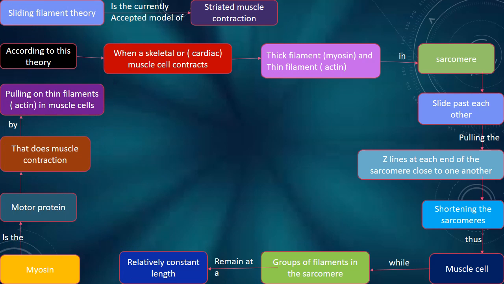Sliding filament theory is the currently accepted model of striated muscle contraction.